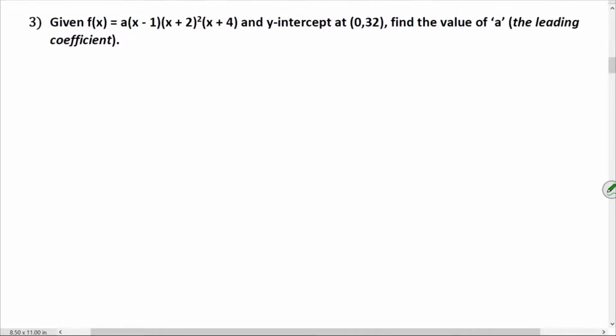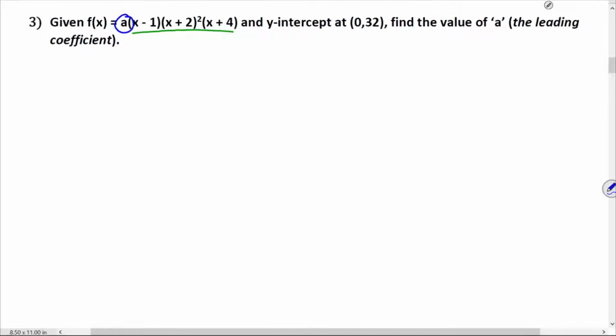Let's assume that we have used our x-intercepts to find these factors with the multiplicities, based on if it crosses or bounces at different x values on the graph. And our goal right now in this example is to figure out if there's a leading coefficient, or what that leading coefficient might be.